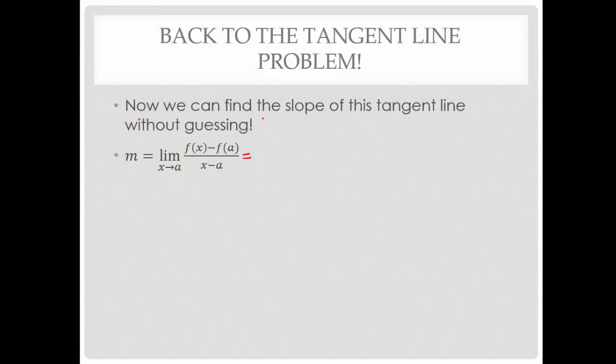So our a, which is the x-coordinate of our fixed point P, is going to be equal to 1. And remember, our function for this problem is x squared. So we'll have the limit as x approaches 1 of f of x, which is x squared, minus f of a, which is your function with a plugged in. That was 1. Technically it's 1 squared, which is 1, over x minus a.